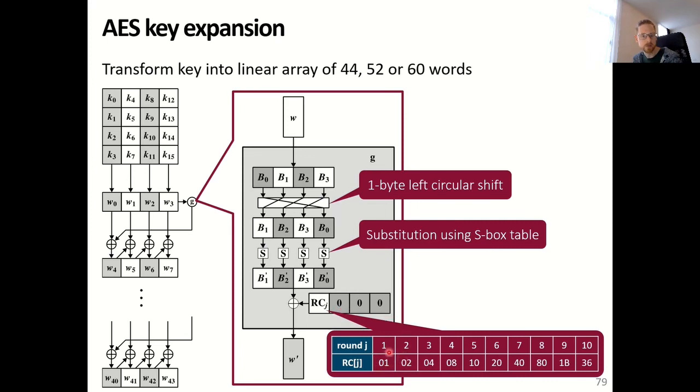So that means first 7 zeros, a 1, followed by 3 times 8 zeros. So this is how the original key, in this case of 16 bytes, is expanded into 11 round keys, each consisting of 4-byte words.